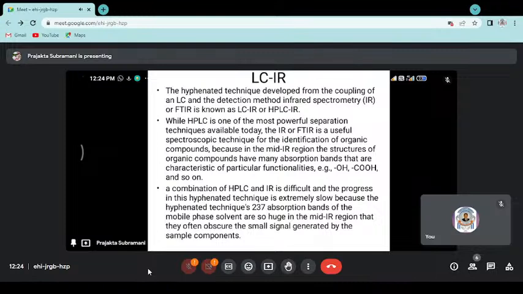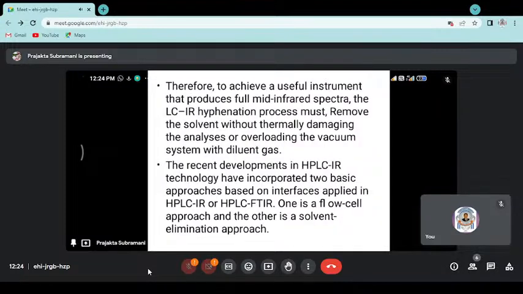Therefore, to achieve a useful instrument that produces full mid-infrared spectra, the LCIR hyphenation process must remove the solvent without thermally damaging the analytes or overloading the vacuum system with effluent gas. Most organic solvents produce their absorption spectra in the mid-IR region, and because of that, it is not easy to hyphenate LCIR.